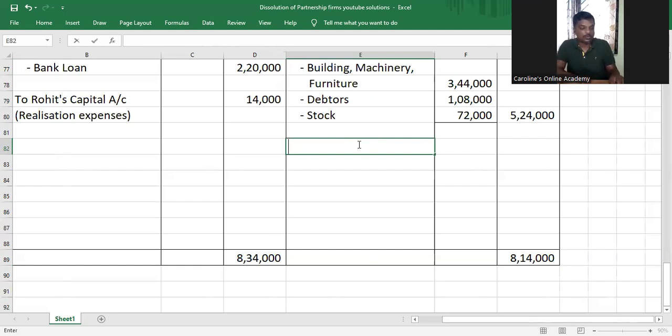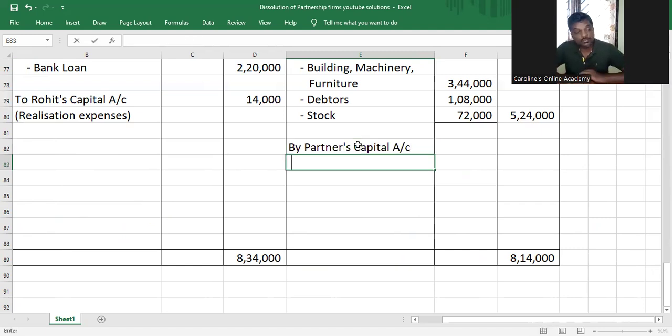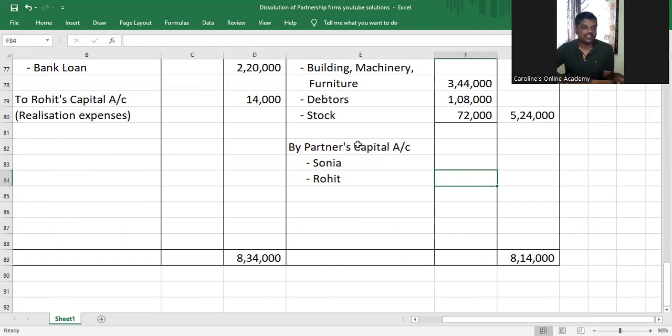So the loss has to be divided between the partners. So two partners' capital account. The journal entry is partners' capital account debit, which means in this case it is Sonia's capital account debit and Rohit's capital account debit to realization account. And the loss that we have here is 20,000, 8,34,000 minus 8,14,000.